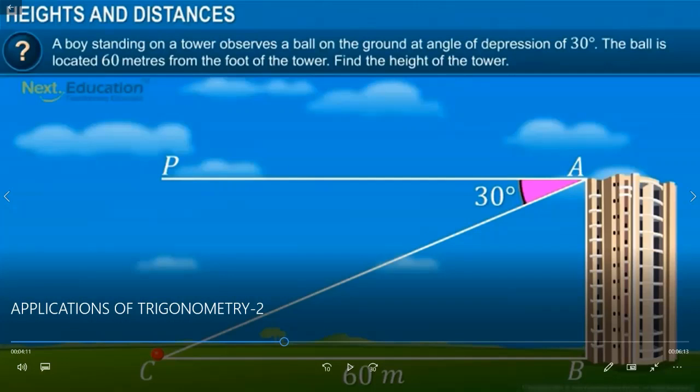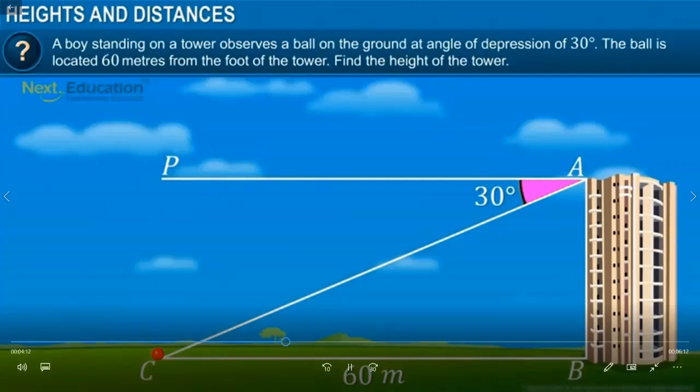Because here, we don't have any triangle information in PAC, but ACB is again a right-angled triangle, with the right angle here. Fine with that? So here we have this as 30 degrees, the tower making the perpendicular, and CB, which is given to us as 60 meters, is the distance. Now they are asking us to find AB. When this line is joined, a triangle is formed.